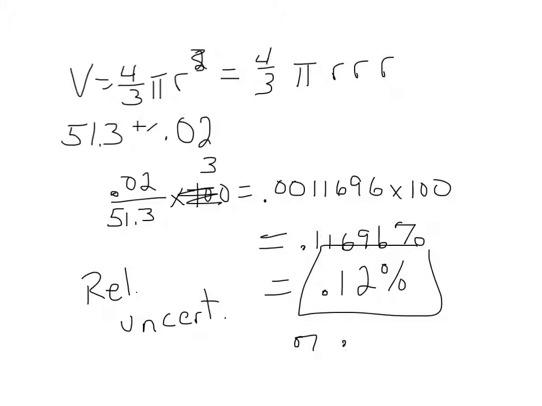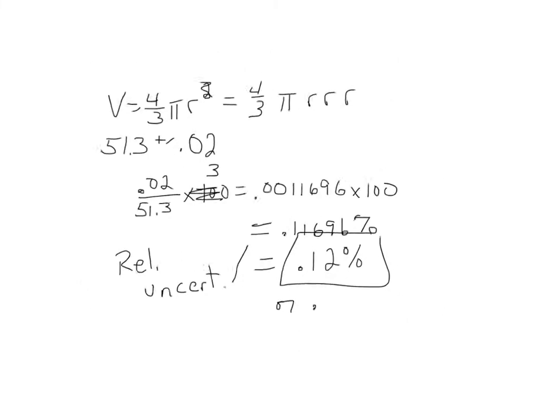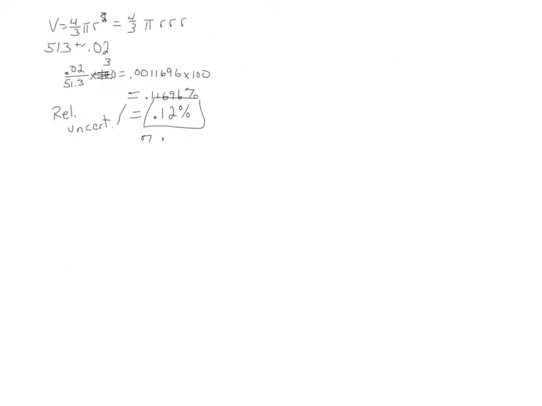Now, the second part is to find the absolute uncertainty. And to find the absolute uncertainty, we have to actually calculate the volume of our sphere. That's going to be 4/3 times pi times 51.3 cubed.